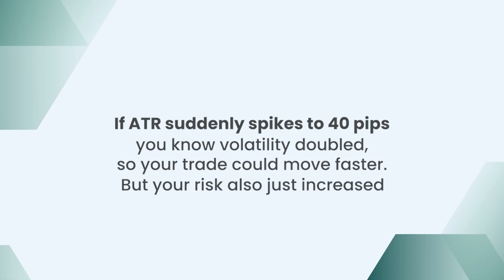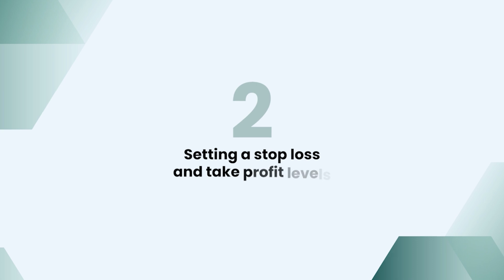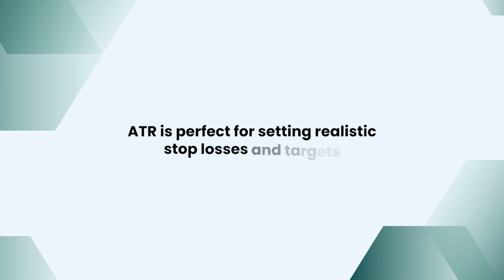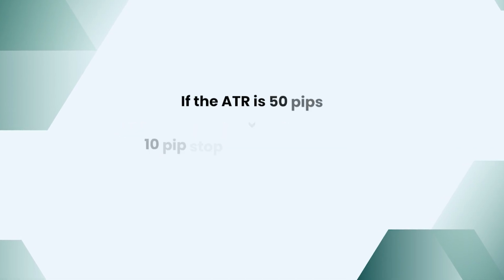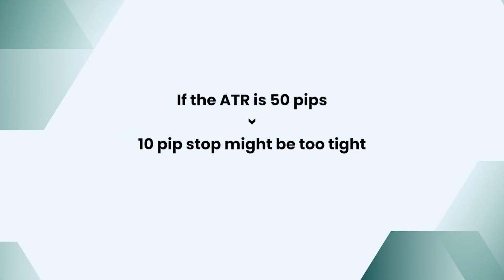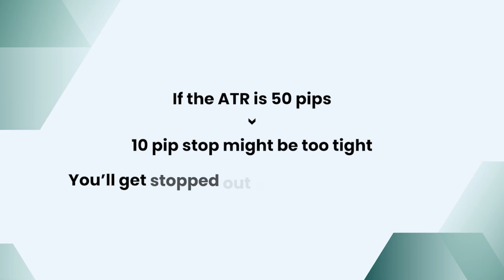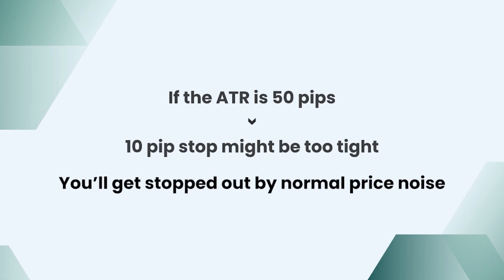The second, setting stop loss and take profit levels. ATR is perfect for setting realistic stop losses and targets. If the ATR is 50 pips, a 10 pip stop might be too tight. You will get stopped out by normal price noise.